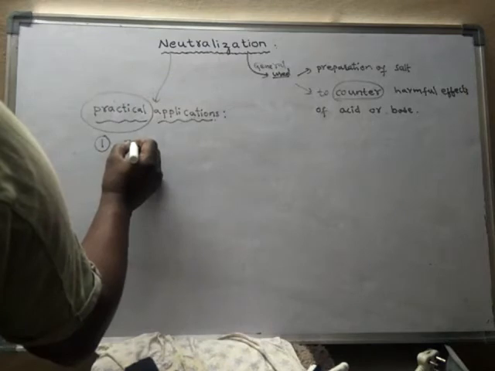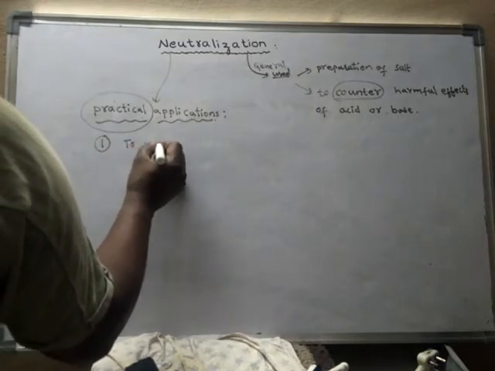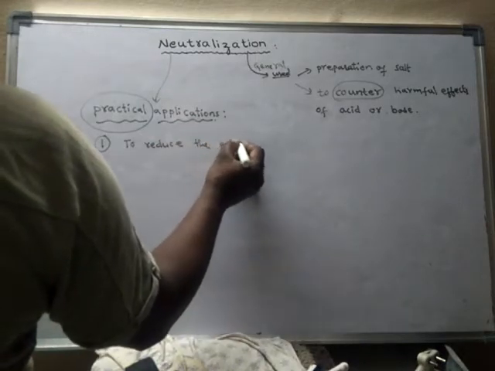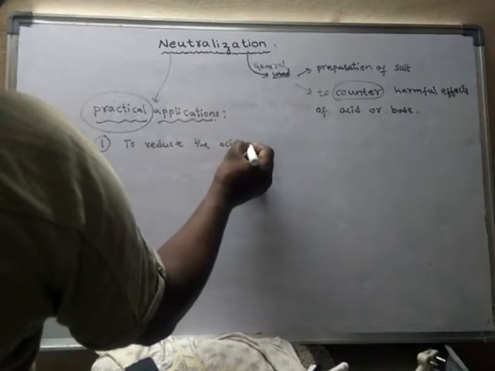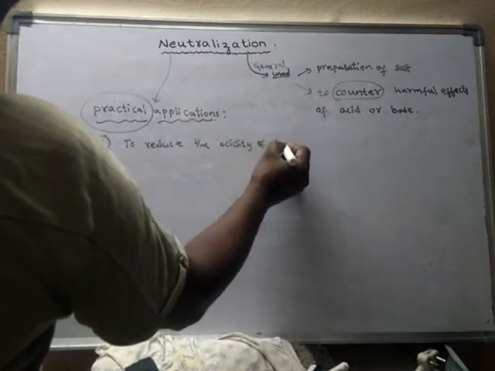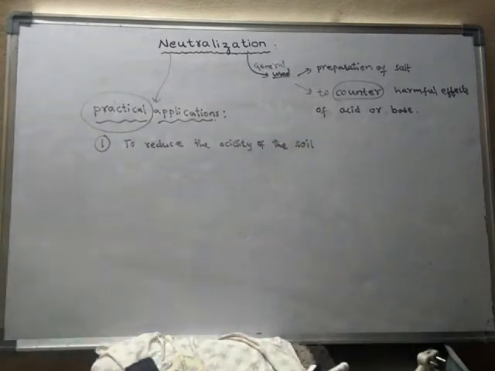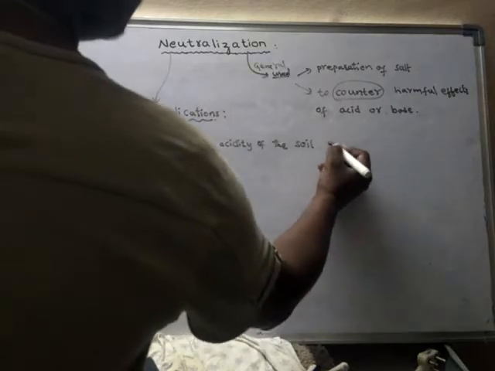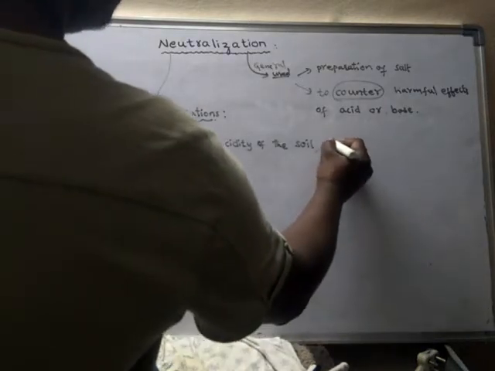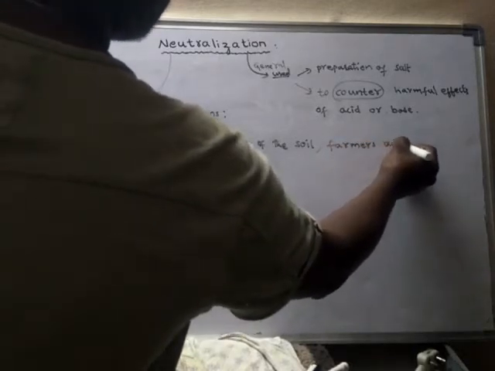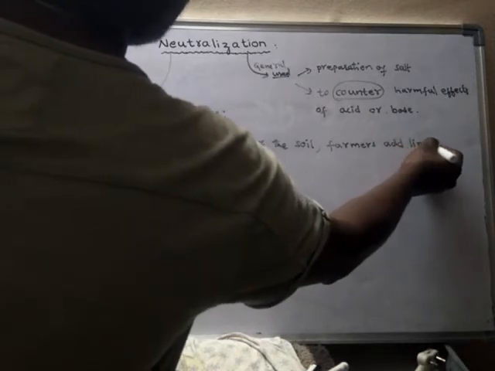So to reduce the acidity of the soil, what do we do? Generally farmers add lime to the soil.